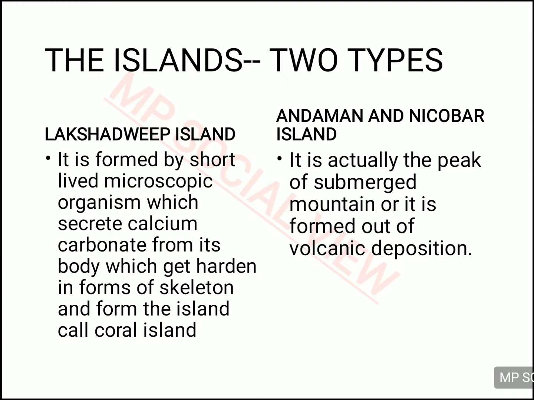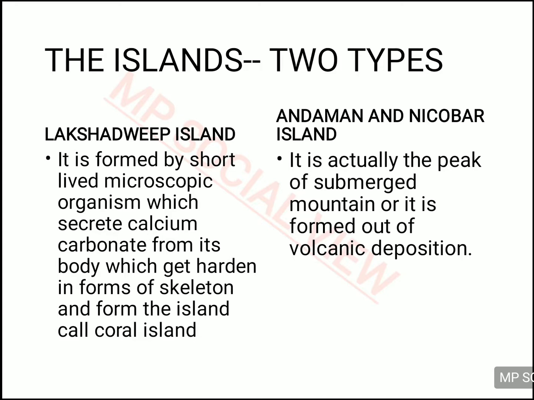These microscopic animals used to live in groups. They live in millions together, and their bodies have the capacity to secrete calcium carbonate. When they secrete this calcium carbonate from their bodies, it hardens into a skeleton, and this together is called coral.